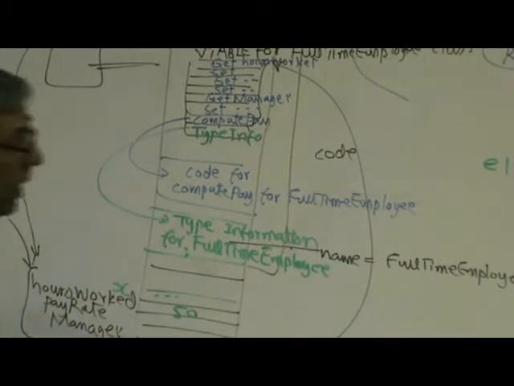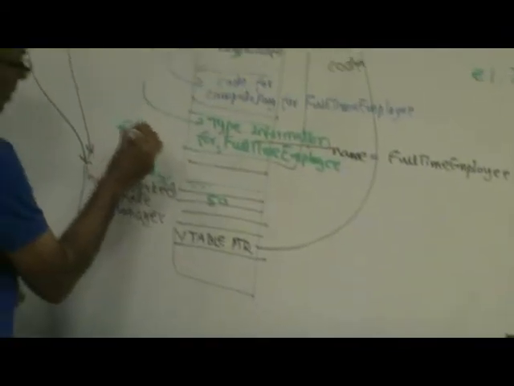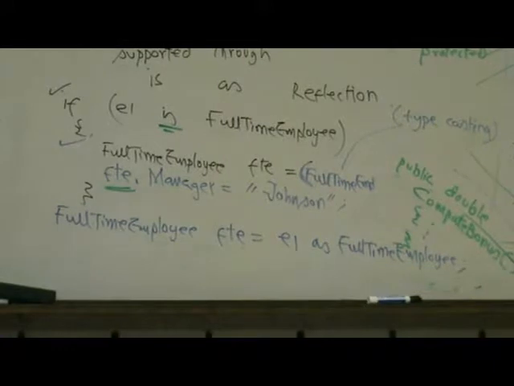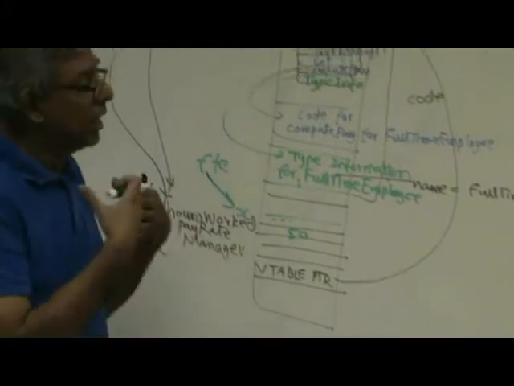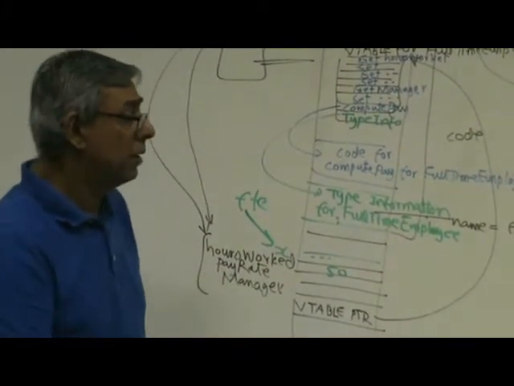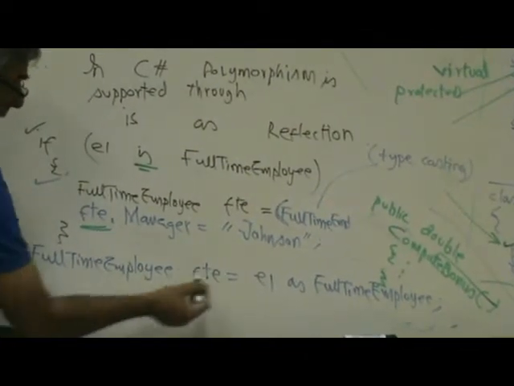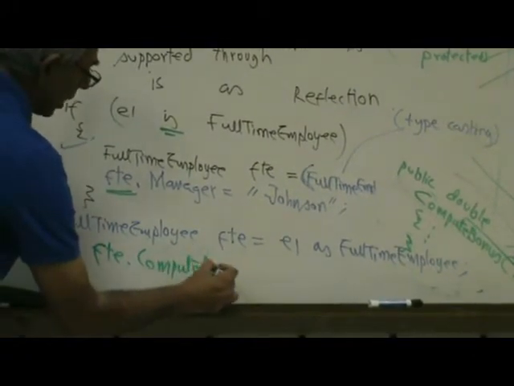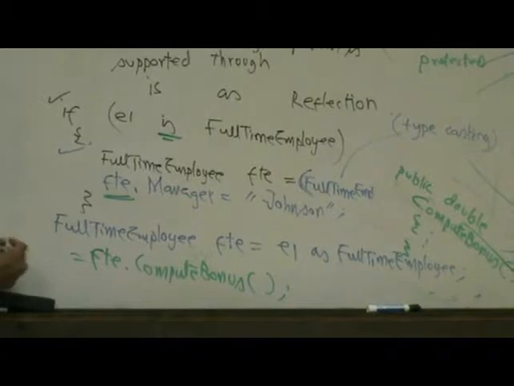If it is full-time employee, it will bring back a reference FTE, already pointing to the same place where E1 is pointing to. So it does two things. You don't have to explicitly typecast if you're using the as operator. It will automatically check, and if successful, also give you a reference pointing to the full-time object, and you can call it anything you feel like. Now through FTE, if you call compute bonus, it will work, equal to, and whatever, double bonus equal to.